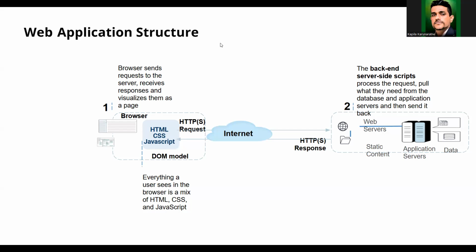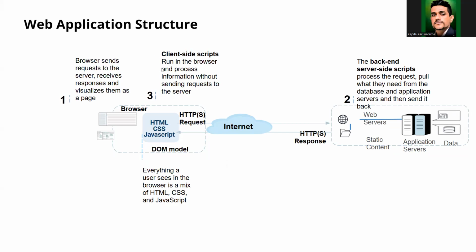Right, so this is how it will be communicated. It will communicate via an HTTP request and be communicated back again as an HTTP response. So the HTTP request will go via the internet to the backend and we'll get a response. Look at the third: the client-side scripts will make sure this goes to number two.